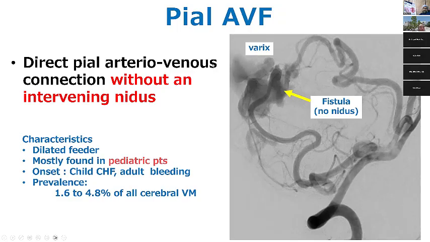A direct AV shunt without nidus is called a pial AVF. These cases can be seen mainly in pediatric ages with congestive heart failure, and sometimes lead to bleeding. But the prevalence is very low, several percent of cerebral vascular malformations.